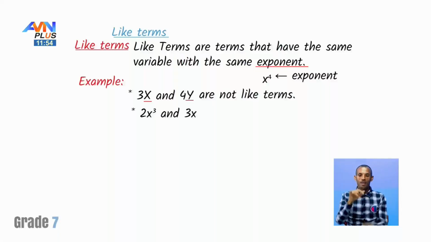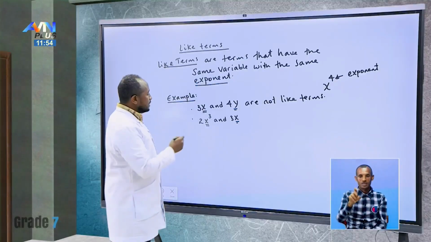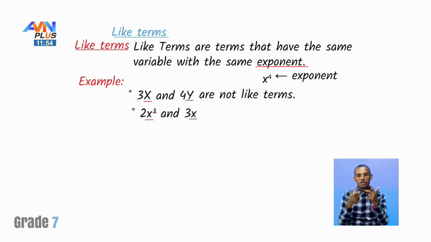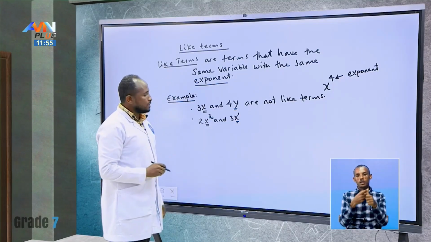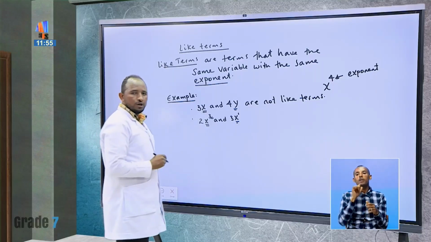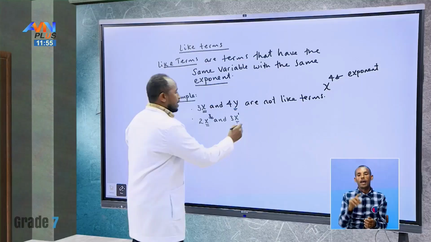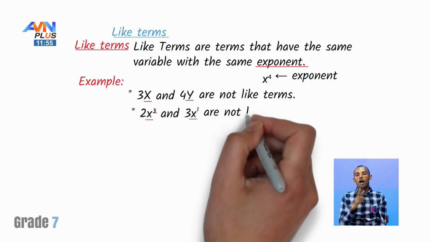Even though they have the same variable x, the exponent here is 3, while the exponent of x in 3x, which you can write as x to the power of 1, is 1. They do not have the same exponent, therefore 2x cubed and 3x are not like terms.